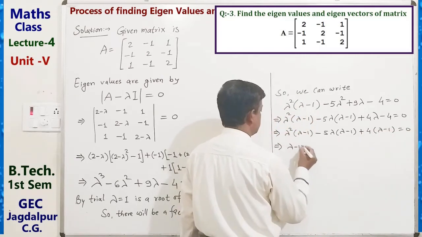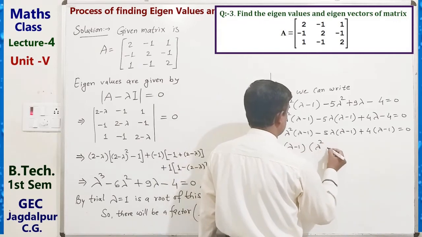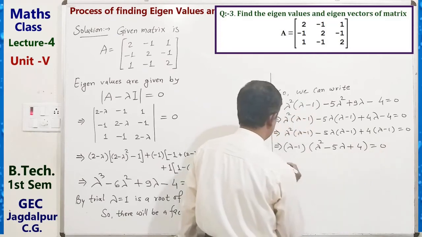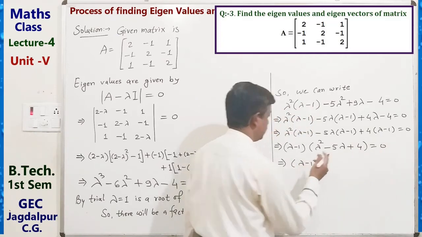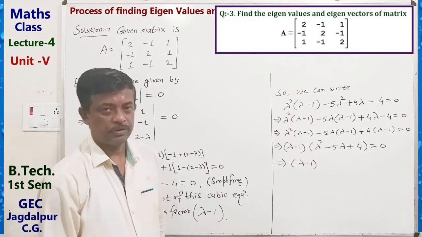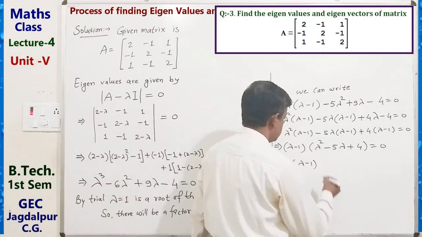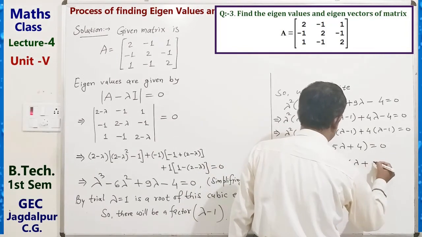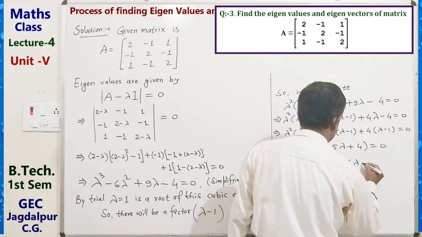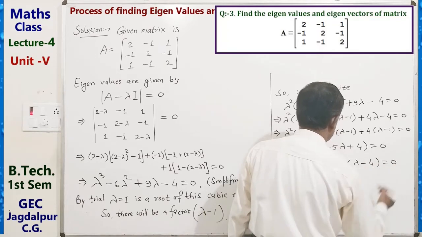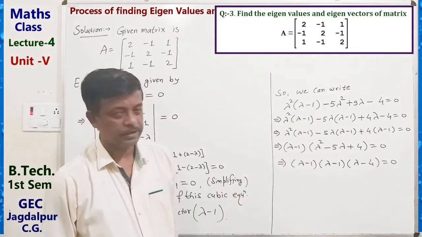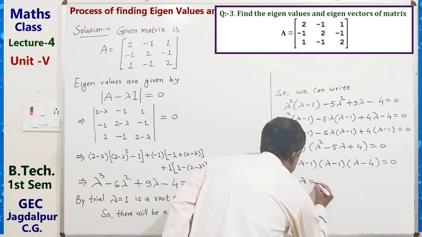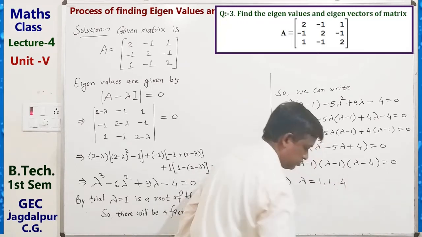So here lambda minus 1 equals to 0. Now we can factorize the second degree factor: minus 5, so 1 and 4. So lambda minus 1, lambda minus 4. So lambda equals to 1, 1, 4.